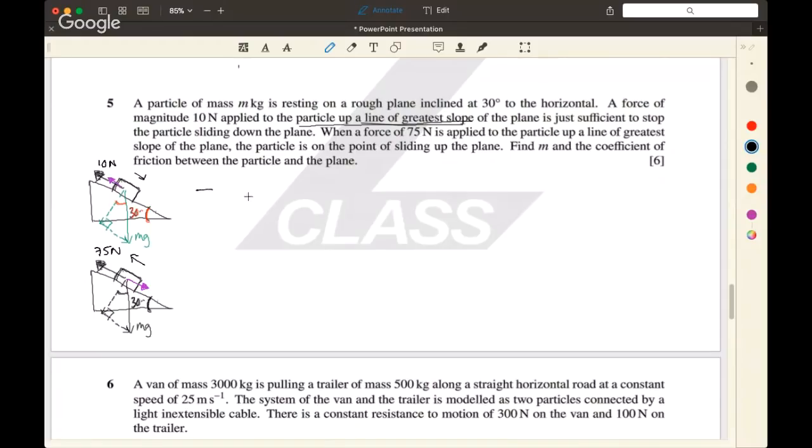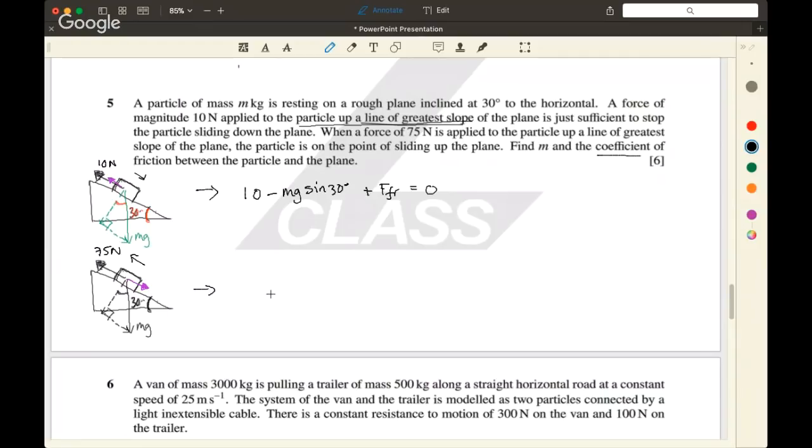So scenario 1, let's resolve our forces. They want the coefficient of friction and the mass. So in situation 1, we have the force of friction acting up the slope. If we balance the forces, we get 10 minus mg sine of 30 degrees, so that's those 2 forces, plus the force of friction is equal to 0.